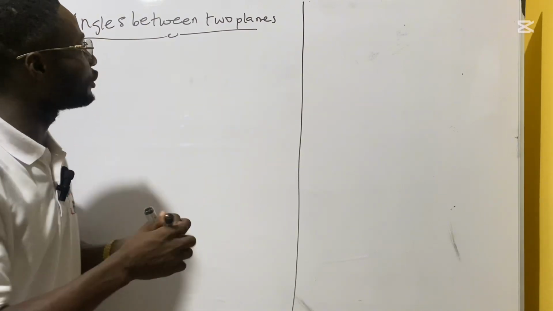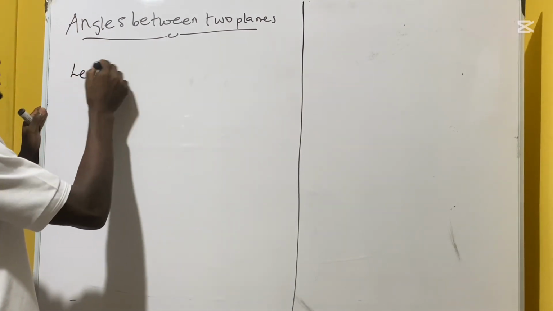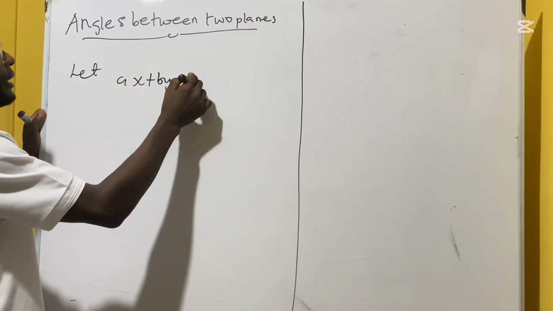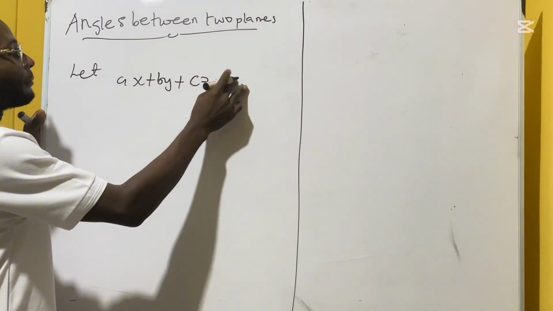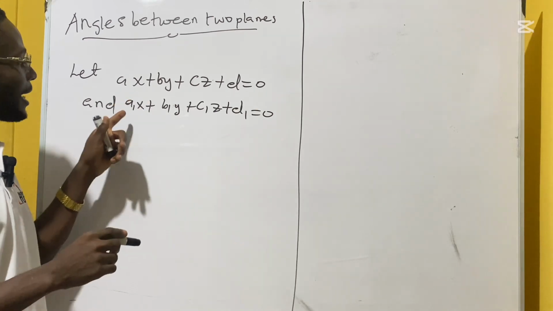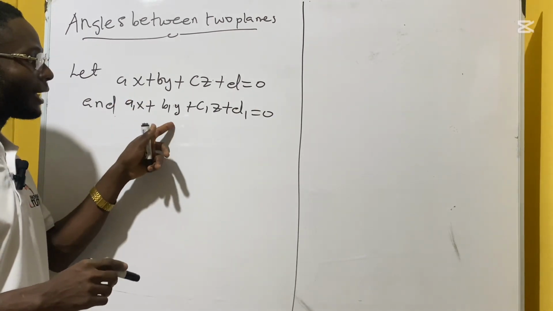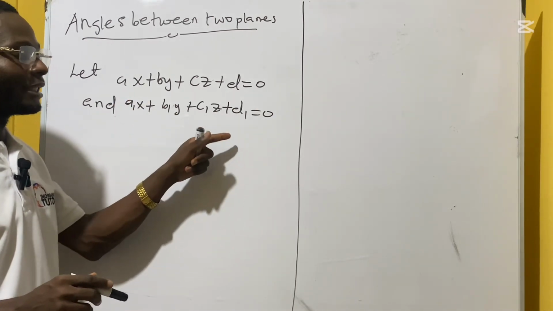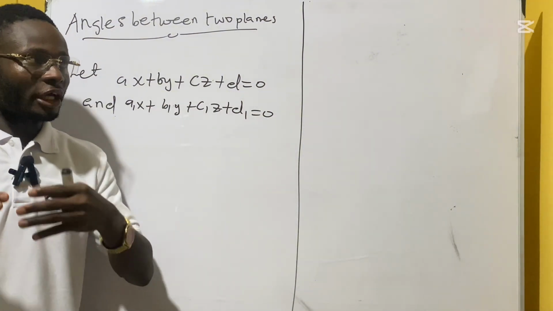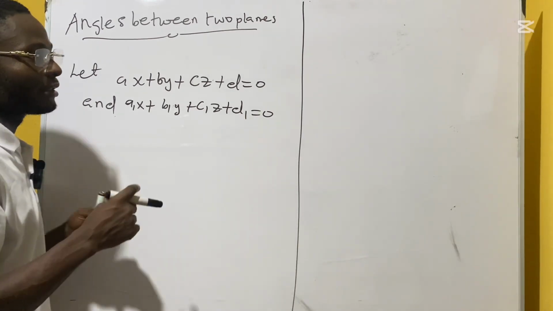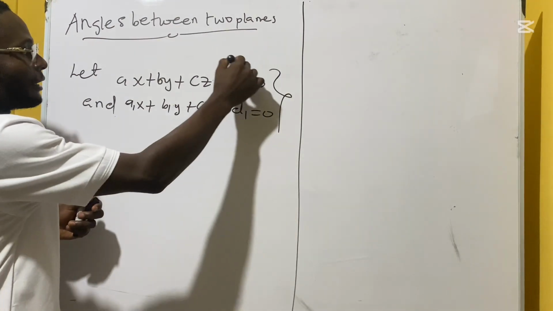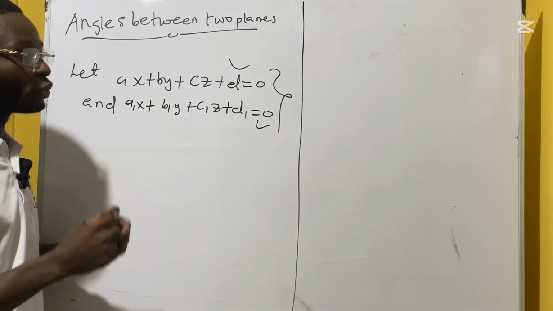So for instance, let's say ax + by + cz + d = 0 and a1x + b1y + c1z + d1 = 0 are the equations of the two planes.